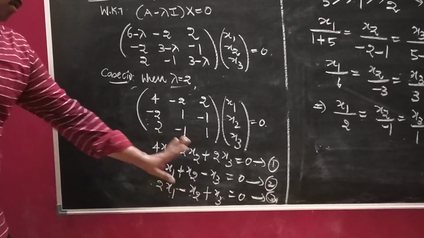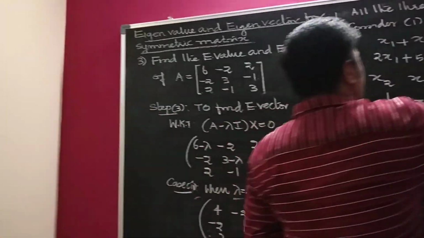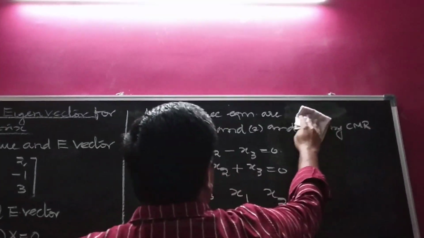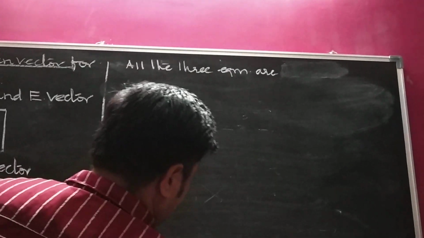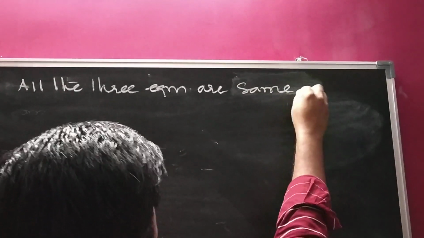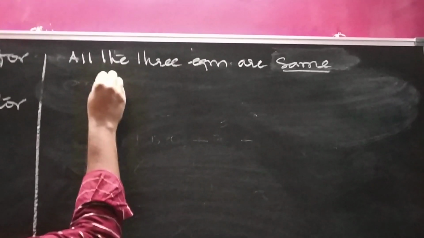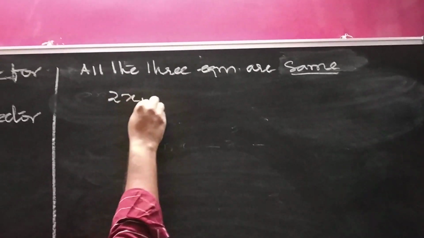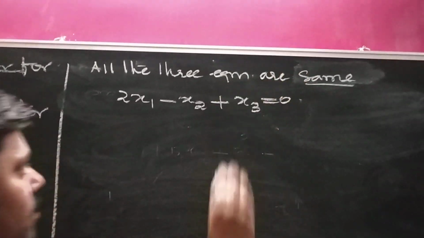Right? All the three equations are same. So therefore, consider the equation 2x1 minus x2 plus x3 equal to 0.